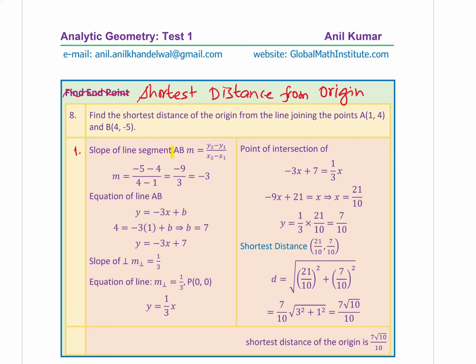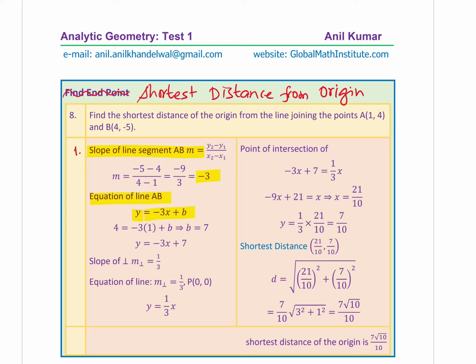So the slope of the line segment is our step number 1, which is y2 minus y1 divided by x2 minus x1. In this case, the slope is (-5 minus 4) divided by (4 minus 1), which is minus 3. So the equation of the line AB will be y equals minus 3x plus b.